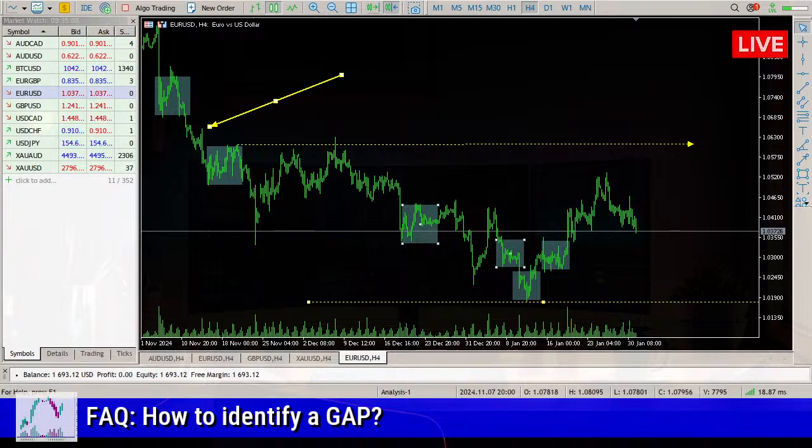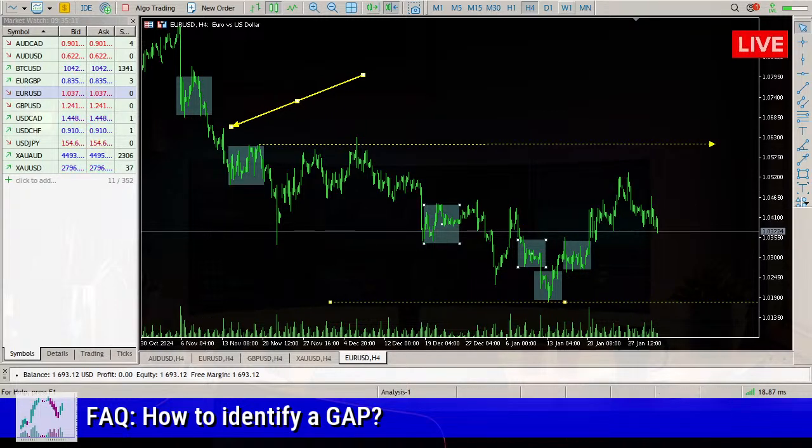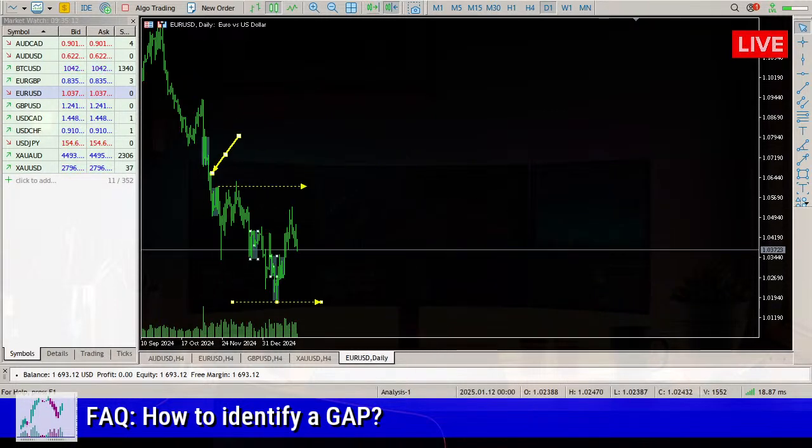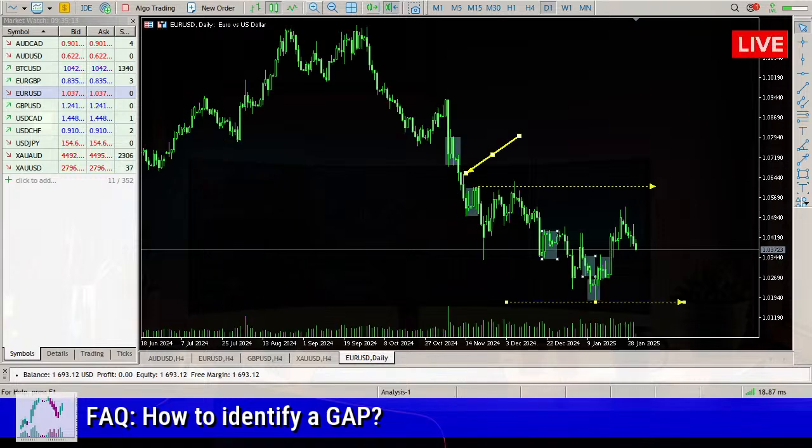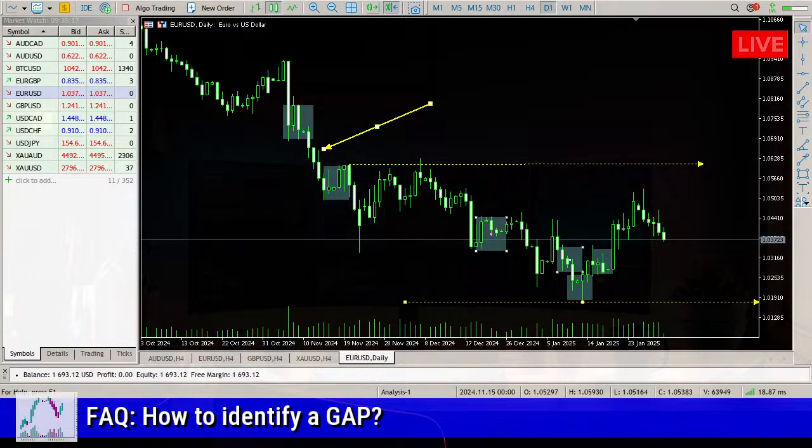When we switch the chart to the daily chart, it is actually a gap, but it cannot be explained easily. This one is a hidden gap.